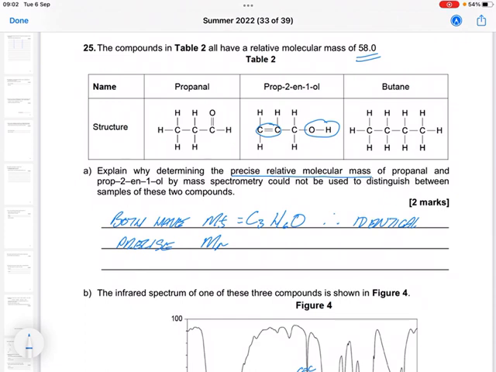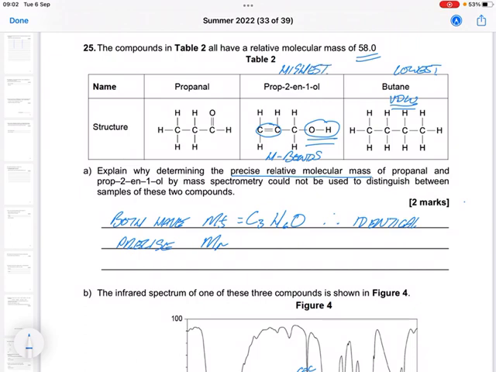So starting with the one with the lowest boiling point, that's going to be this one. This is going to have van der Waals force of attraction because all of the bonds are non-polar. The OH here means that this is going to be hydrogen bonded. So this is likely to be the highest.